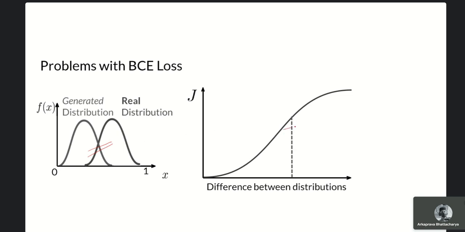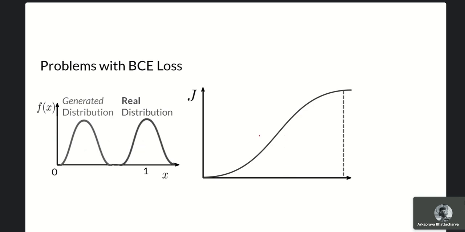Here we can see that it can provide useful gradient back as input to the generator, and the generator knows how to improve. But as time proceeds and the discriminator gets better at training, it learns to delineate. Delineate means it learns to distinguish between the real and fake distributions.